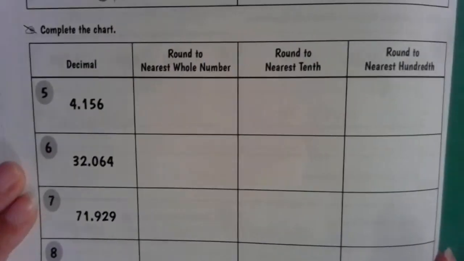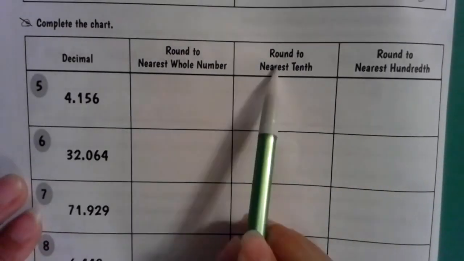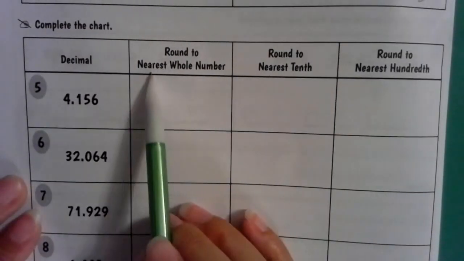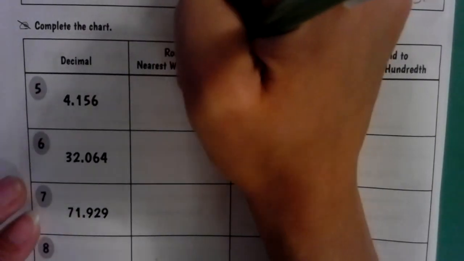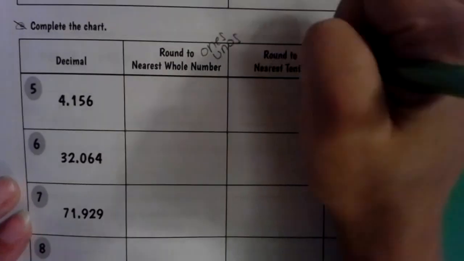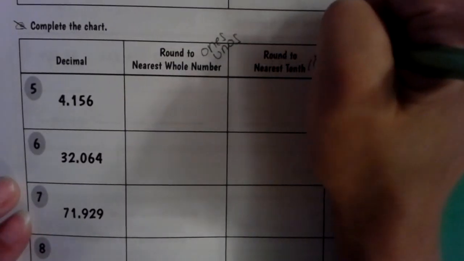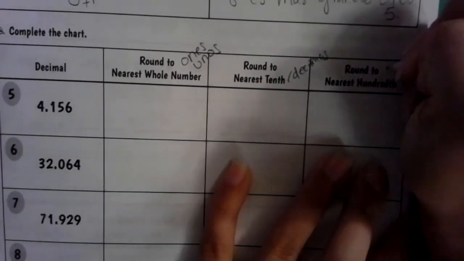In this section, students are asked to round each number to 3 different place values. When it says whole number, they mean the ones place. Unos. Tenth, décima, and hundredth, centésimas.